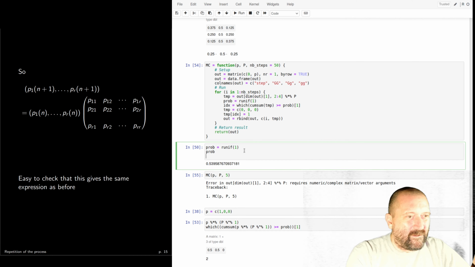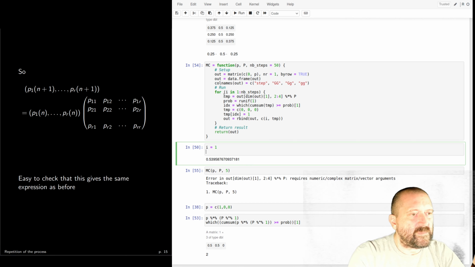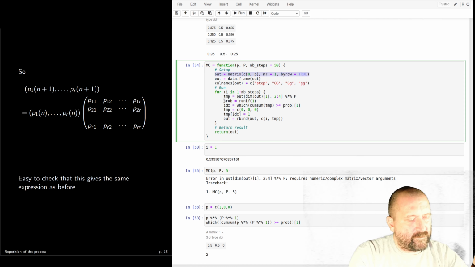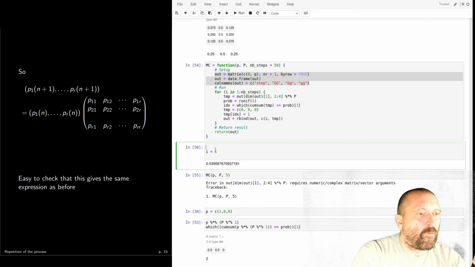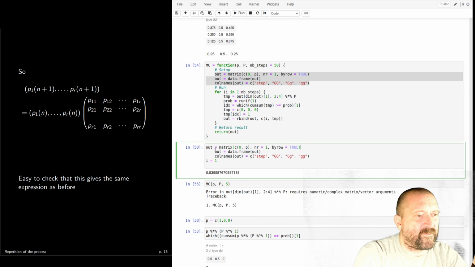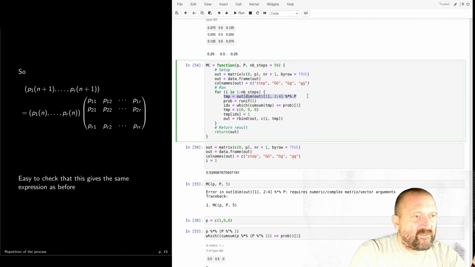Let's take i equals 1. Let's make this matrix. It is worth always unrolling the code, and this is not very obvious when you're using a notebook, but never mind. So here I'm going to make the temp.